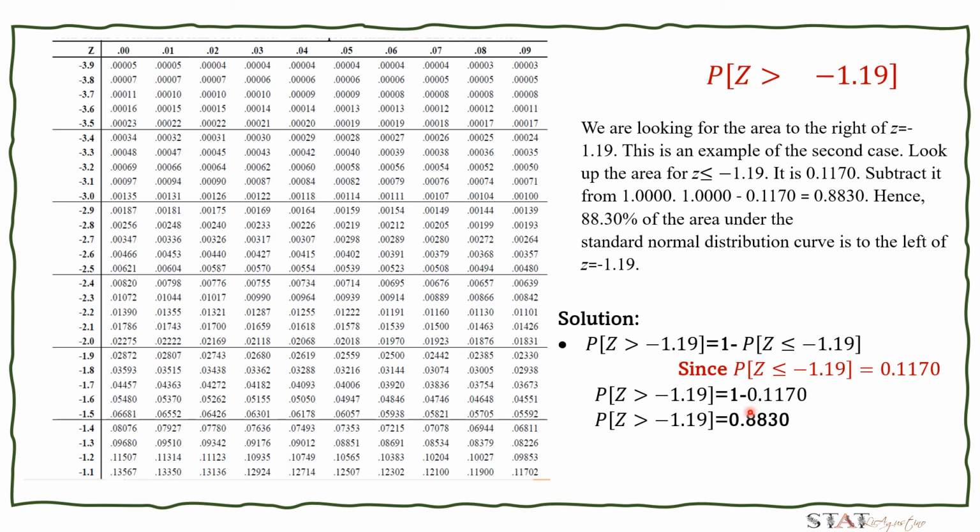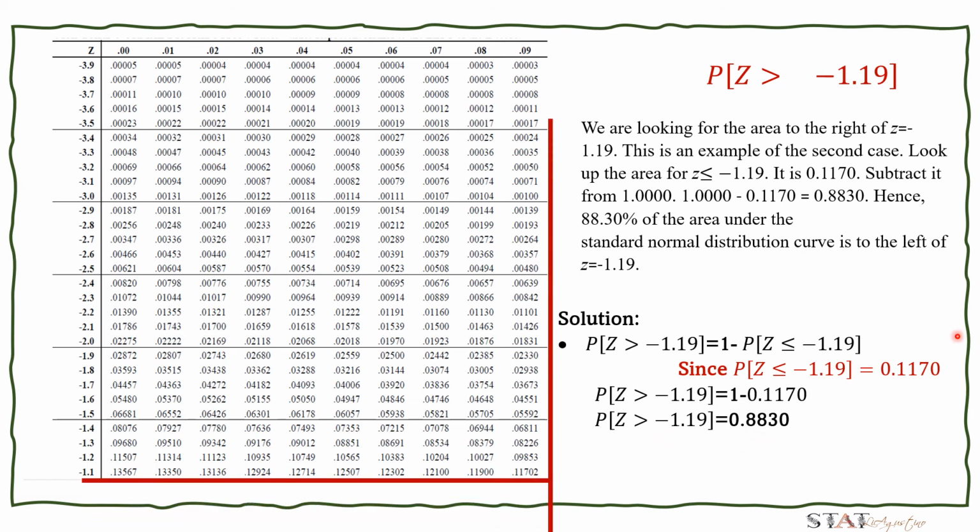So 1 minus 0.1170. In other words, the probability of z on the right side of negative 1.19 is equal to 0.8830. So it will be in this area.